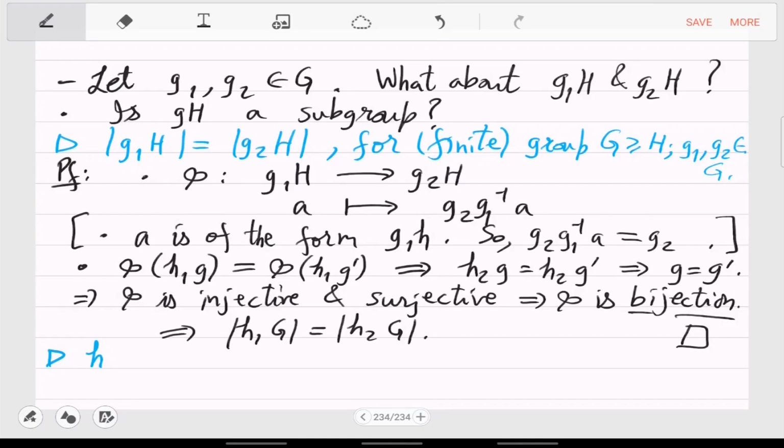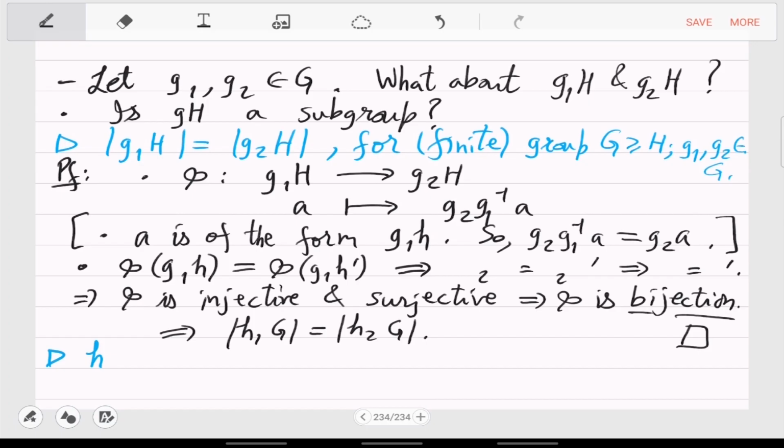G2H, G2A. G1H and some other element G1H prime.